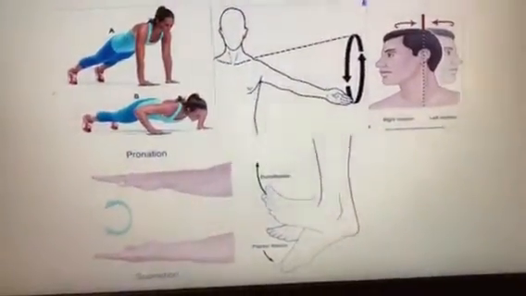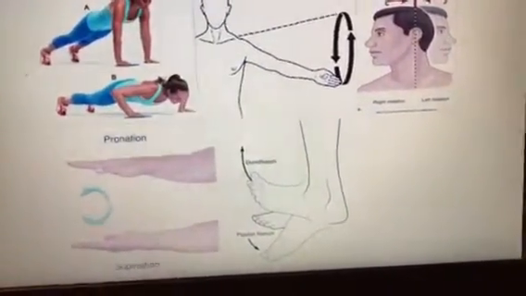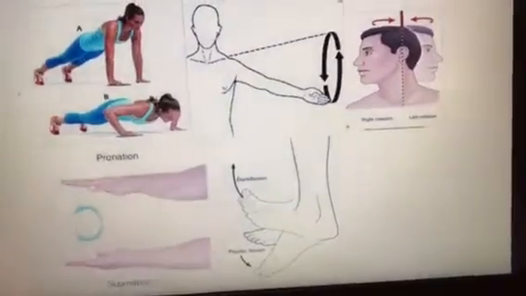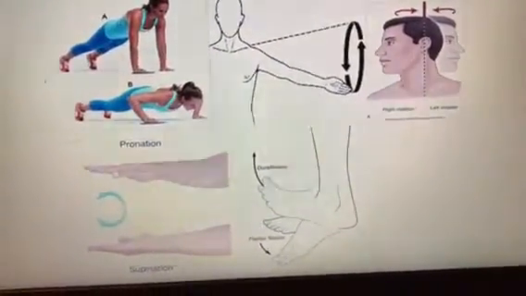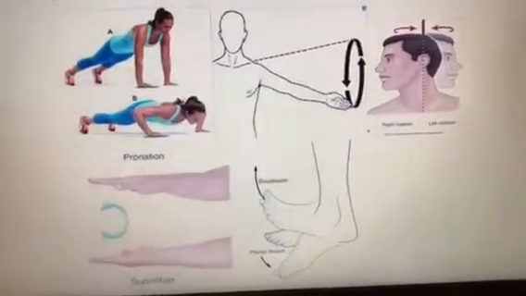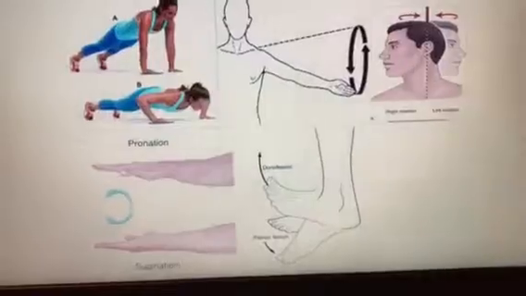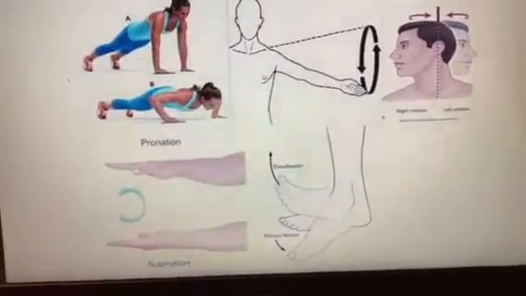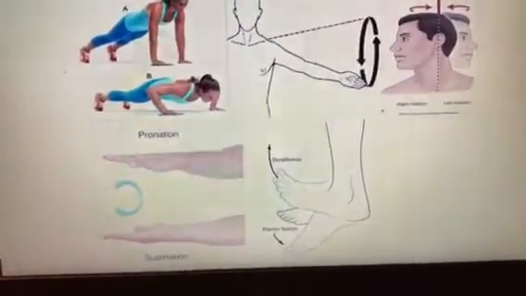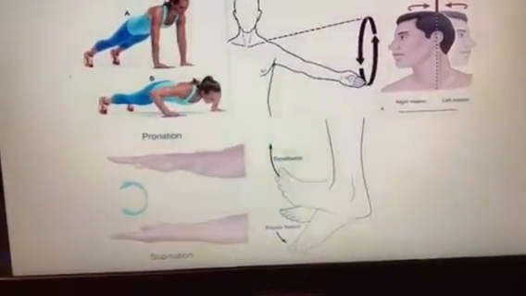And how I like to think of that is like turning a doorknob or screwing in something. You're supinating when you're doing that because your wrist is turning upside down, and then when your palm returns back to its on top position where you normally have it, that's pronation, which is your palm faces posteriorly or downward.